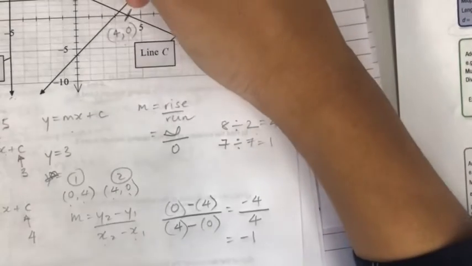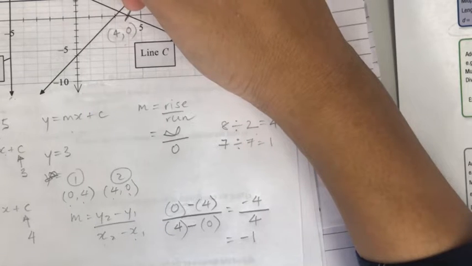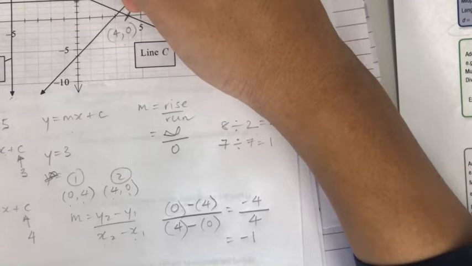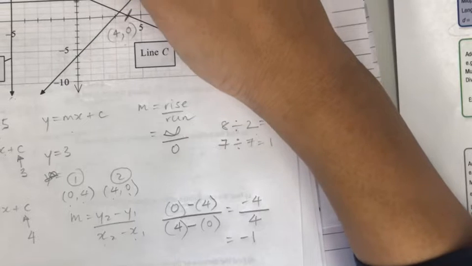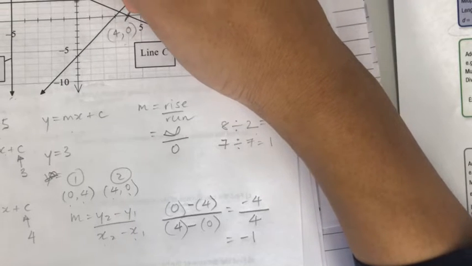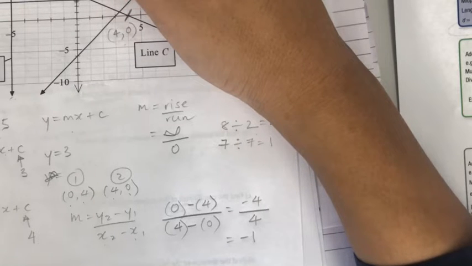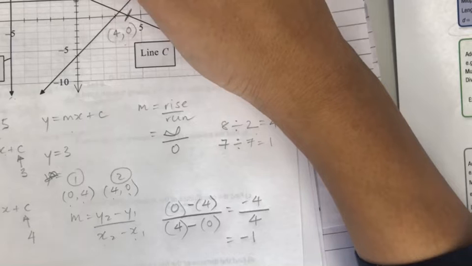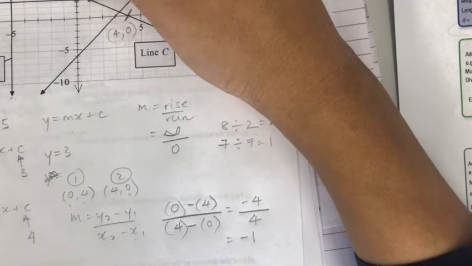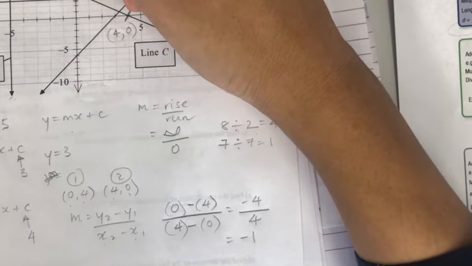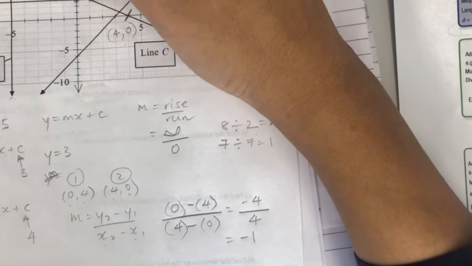So if you look here, from x equals 0 to x equals 1, it's moved forward 1 and gone down 1. In other words, it's risen by -1. So by looking at it like that, you can determine that for every 1 forward, it's gone down 1.